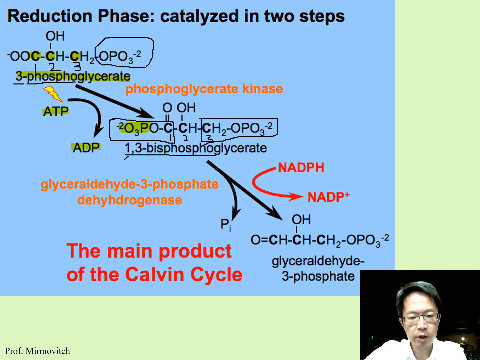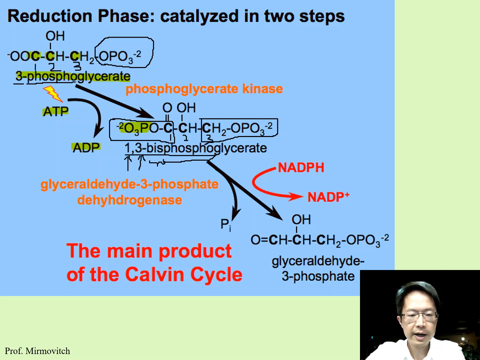That's how we call it 1,3. 1,3 tells you which carbon has the phosphate group. But why do we call it bis? Bis means that you have 2 phosphate groups. Bis is like bi, which means 2 phosphate groups. So the 2 phosphate groups are connected to carbon number 1 and carbon number 3.